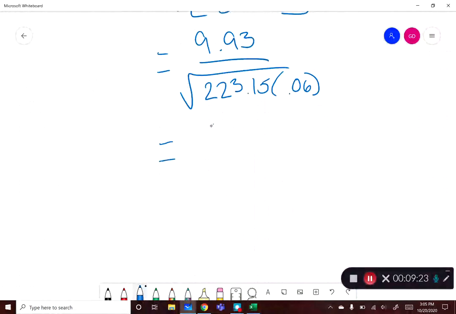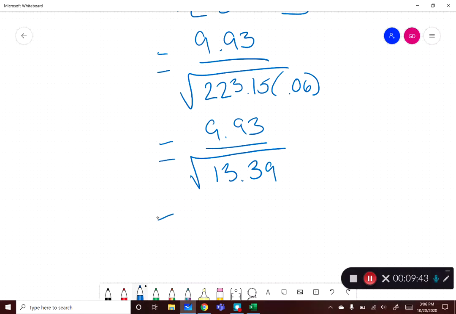We're getting there. So now let's keep moving down. Still have 9.93 in the top, the numerator. And now in the denominator, we have 223.15 times 0.06 gives us 13.39 with rounding.